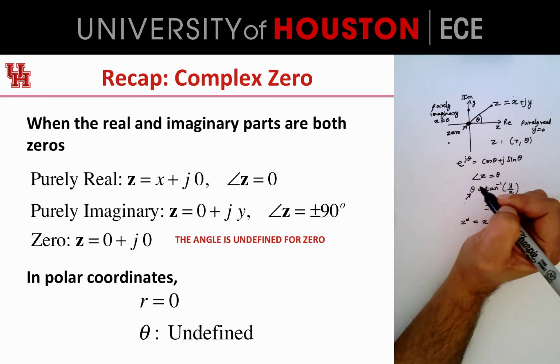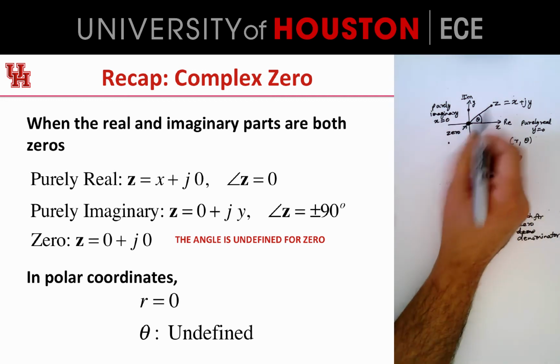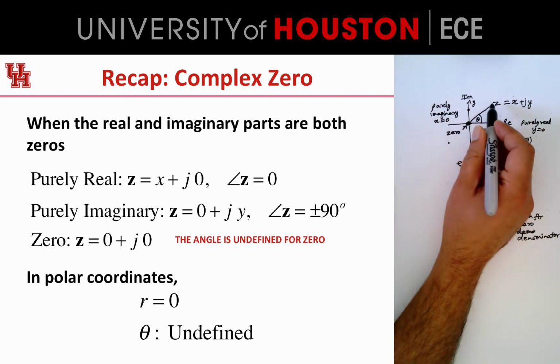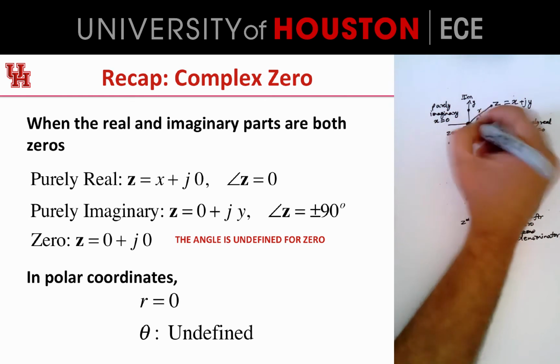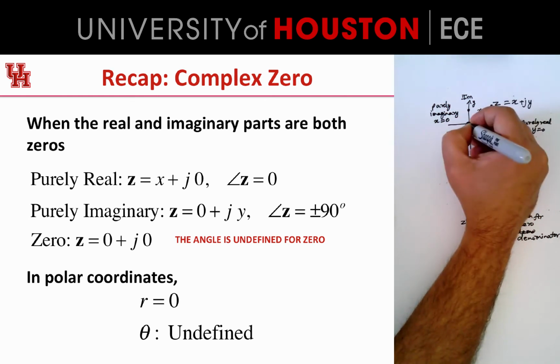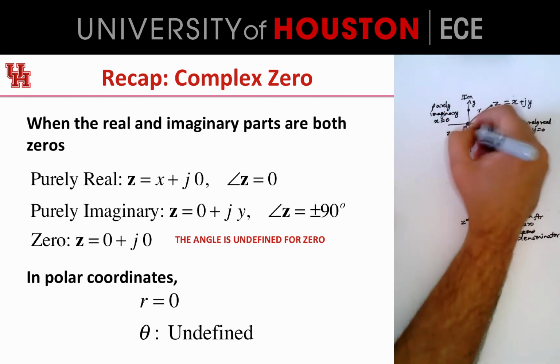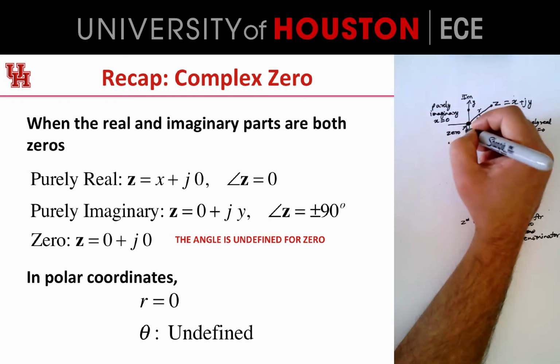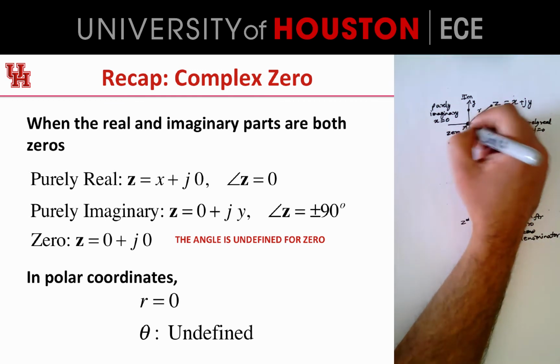Now, if you think about the polar representation of 0, clearly the r, which is the length of this line, is 0. But this angle can be any which way and you get the same answer, right? So for that reason, we say that the theta for 0 is undefined.